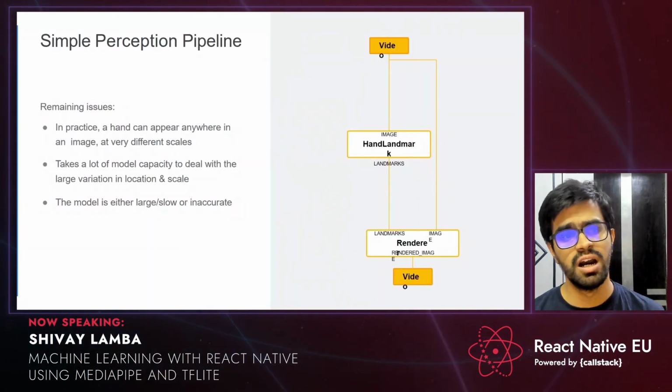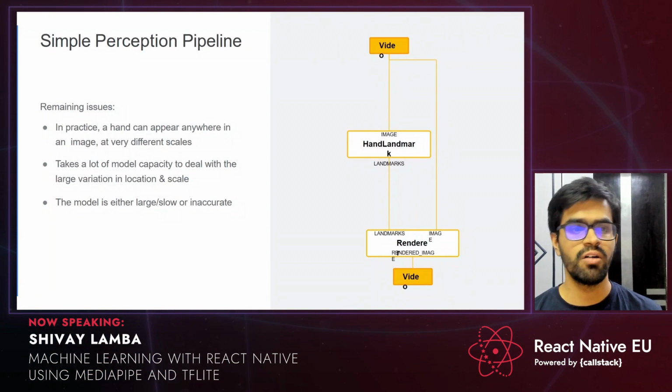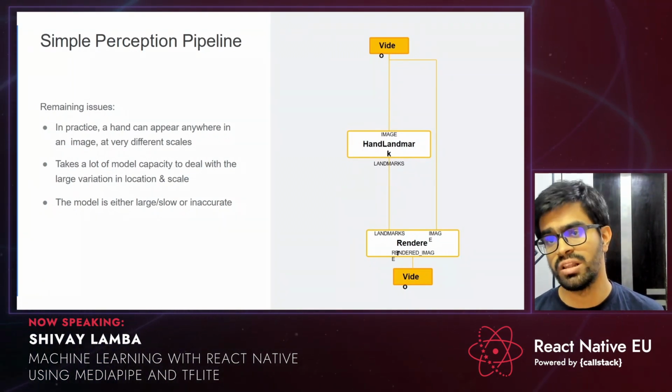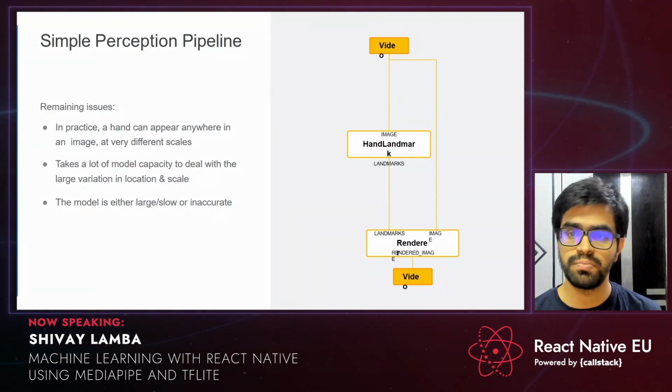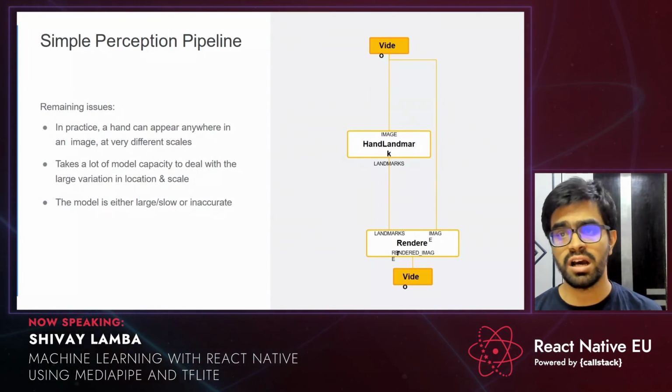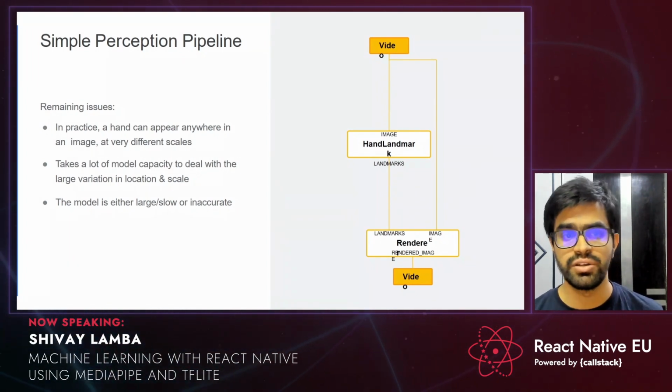And of course, the main aspect of this is that the video will be taken in. It will be passed through the hand landmarks, and you'll see the rendered image. But of course, there are certain issues that can take place.